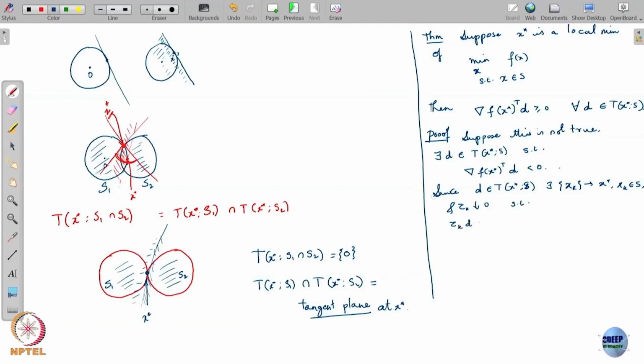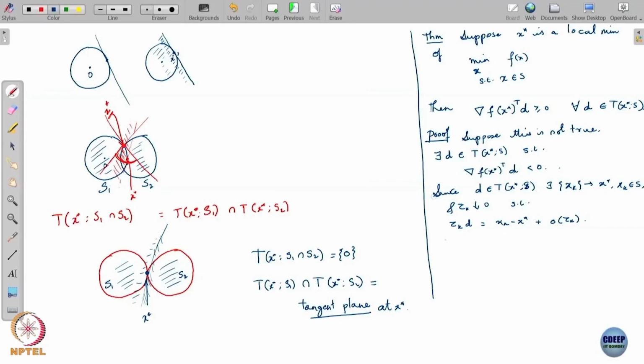tau k d is equal to x k minus x star plus something that is small o of tau k. We have seen this notation before, the small o notation. Small o just means that small o of tau k is a quantity which when divided by tau k also goes to 0. So tau k d is therefore equal to x k minus x star plus small o of tau k.